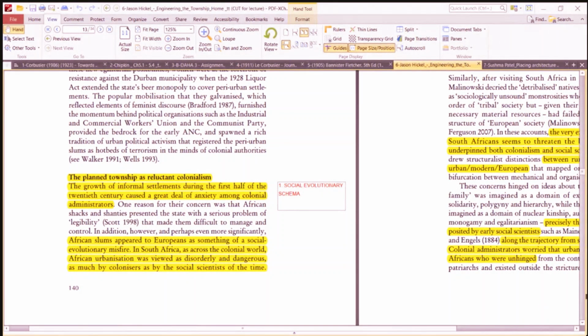So he writes here, the growth of informal settlements during the first half of the 20th century caused a great deal of anxiety amongst colonial administrators, right? They were getting very uncomfortable, because the city is a white city, right? Because that's how it was conceived.